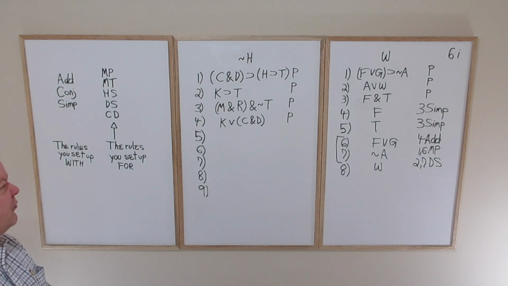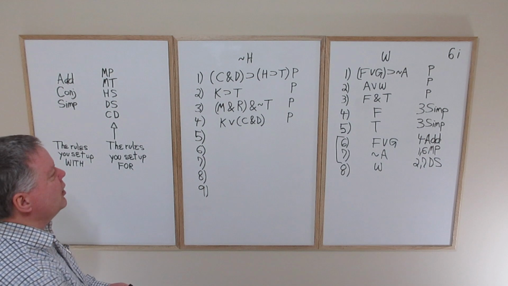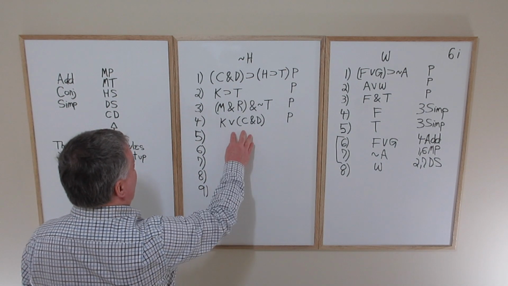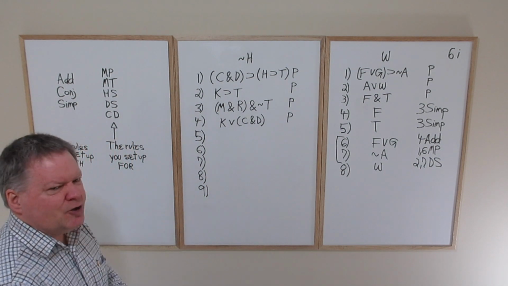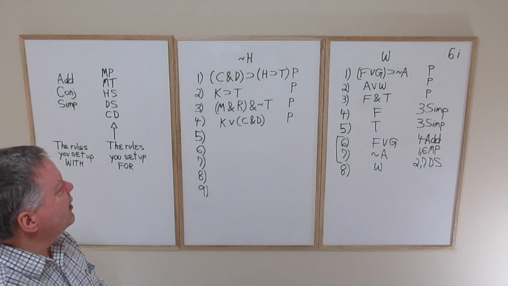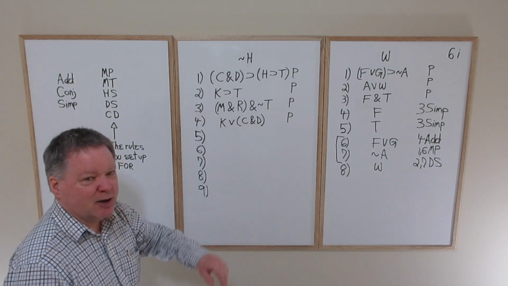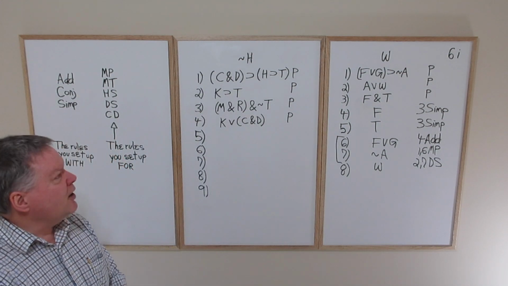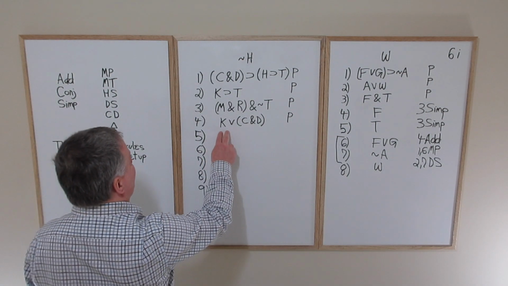What does the constructive dilemma require again? You have to have a disjunction, and that disjunction is related to two conditionals in the following way. The two disjuncts are the two antecedents of those two conditionals.